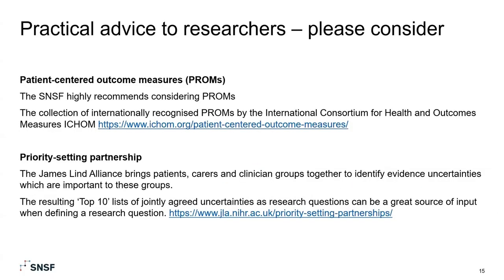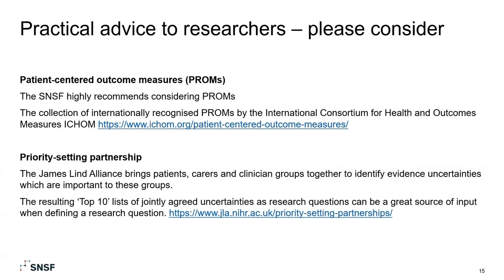Last two little pieces of advice. So the SNSF highly recommends considering patient-reported outcome measures, that you integrate these into your study protocols as endpoints, for example.